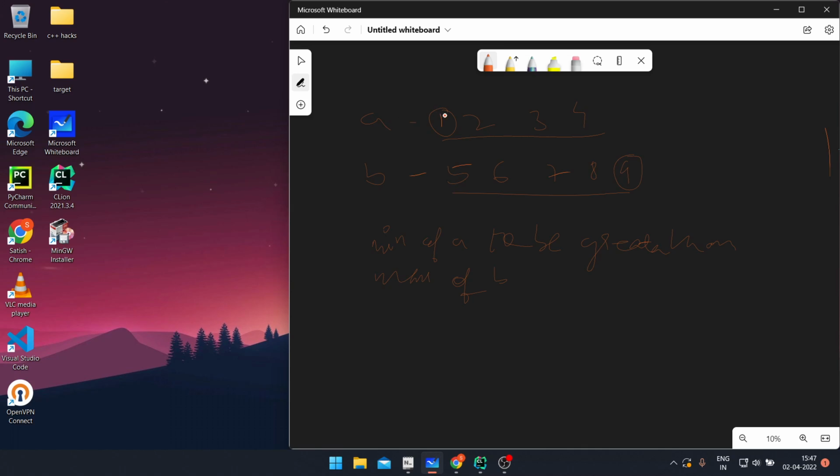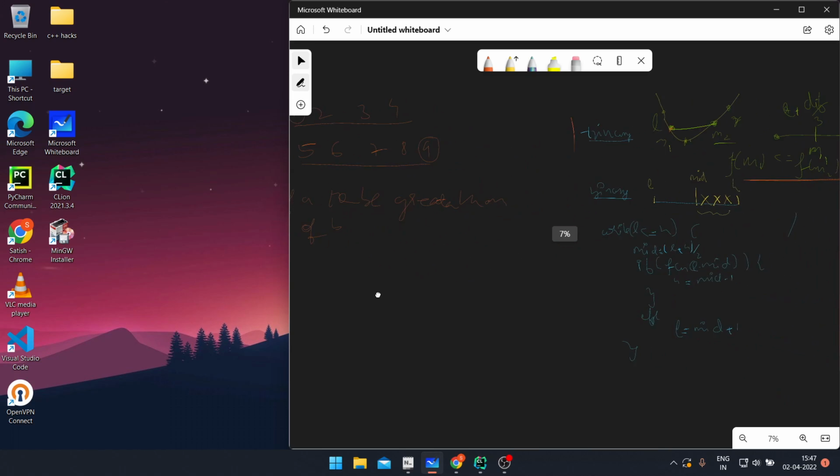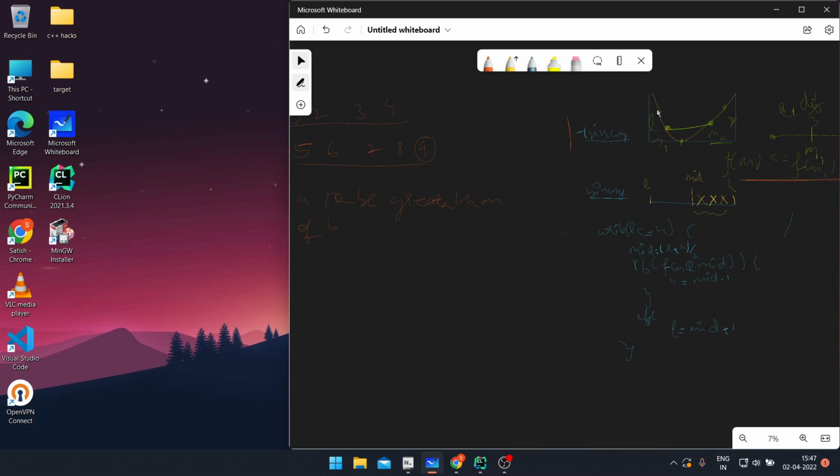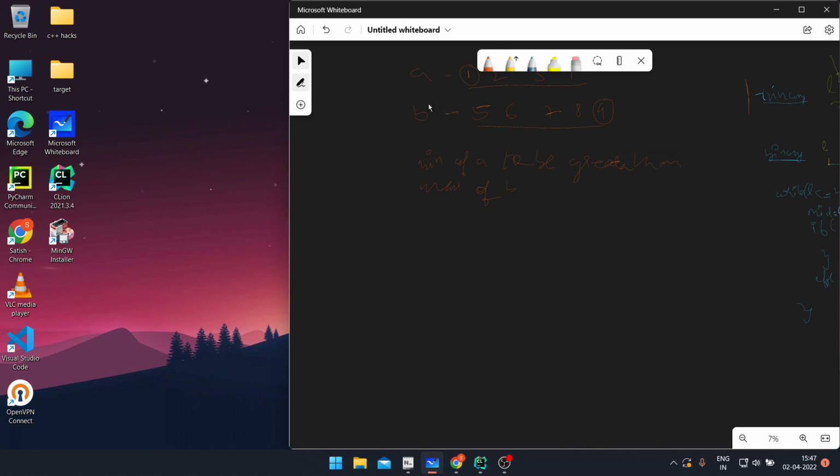We have that also. So I have taken an example, but if you draw the graph for this, you can visualize a graph very similar to what I have drawn here. I think there is no need to draw it, but you can feel that there will be some answer for this.